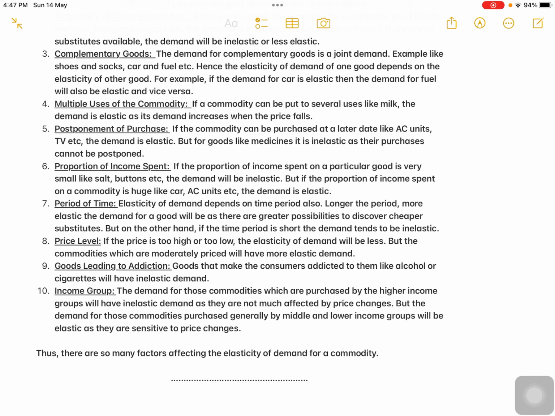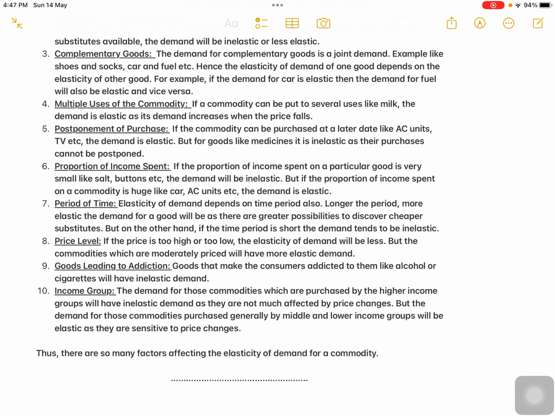So based on the proportion of income spent, if the proportion of income spent on a particular good is very small, like salt, buttons, etc., the demand will be inelastic, because even if the price rises, how much are we going to spend on salt and buttons? It is not going to take much of our income, so we don't bother, we will buy the same quantity.